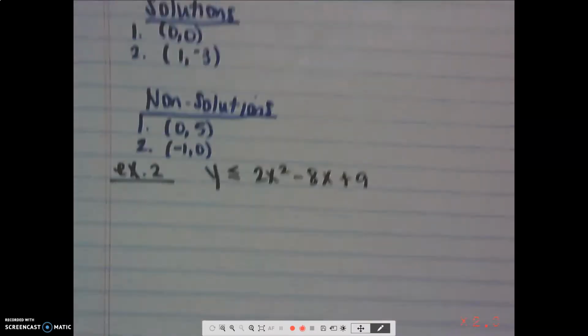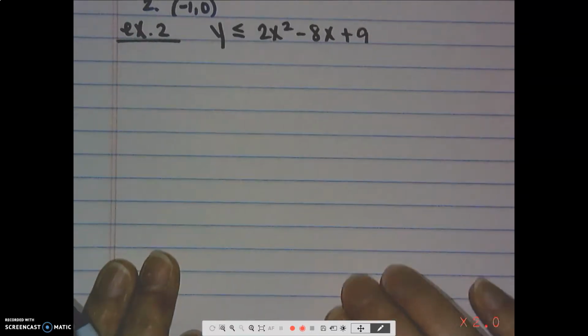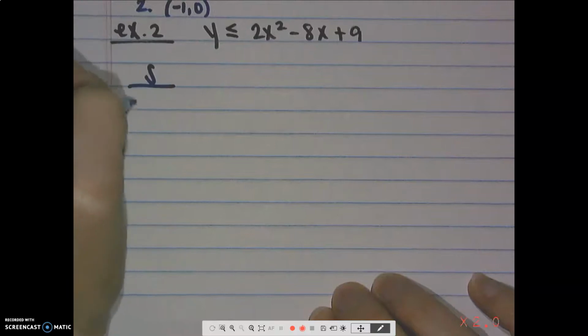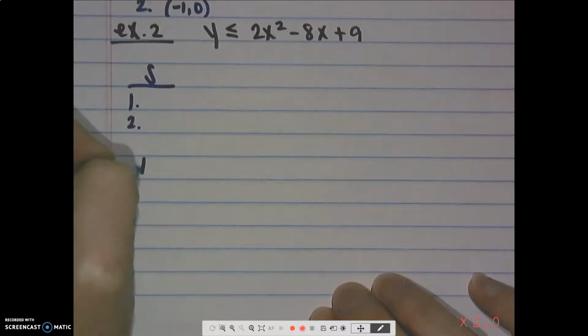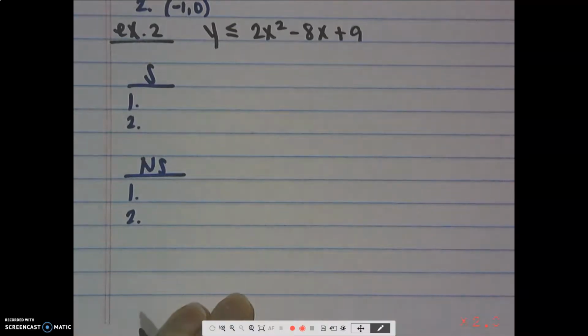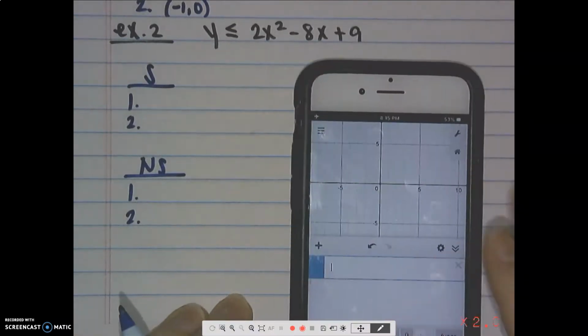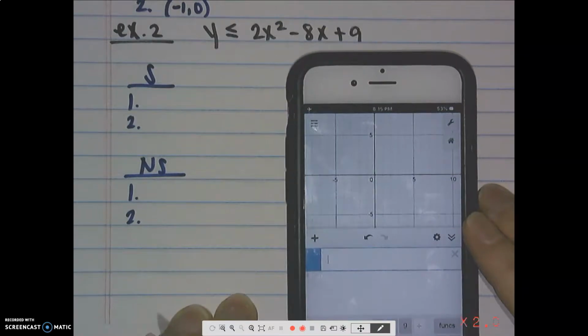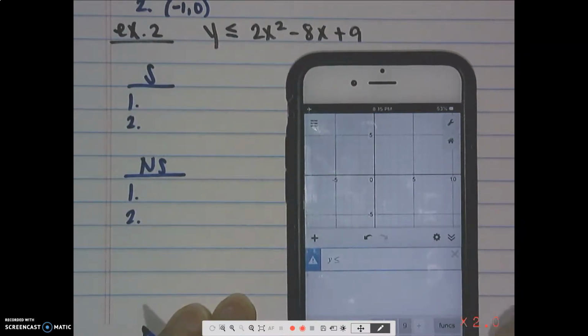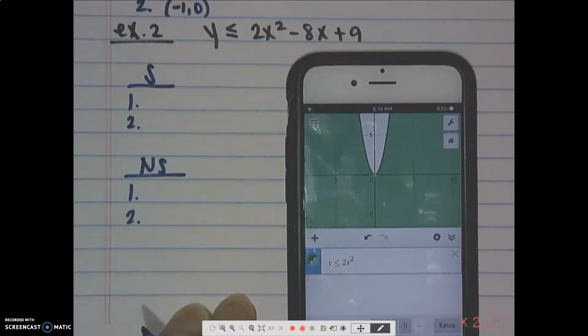So we have y is less than or equal to 2x squared minus 8x plus 9. I'm going to just say S for solution and NS for non-solution. You're more than welcome to do that as well if you want. So here we are now graphing y is less than or equal to 2x squared minus 8x plus 9.